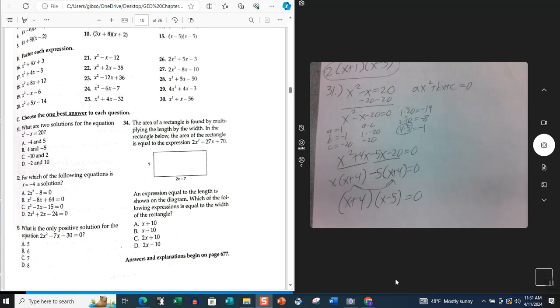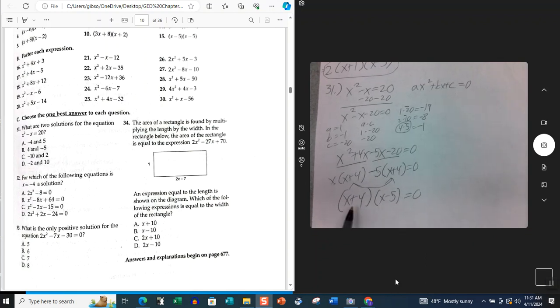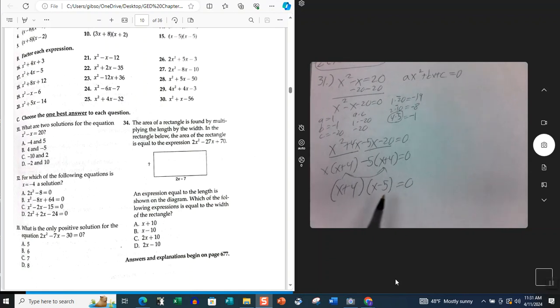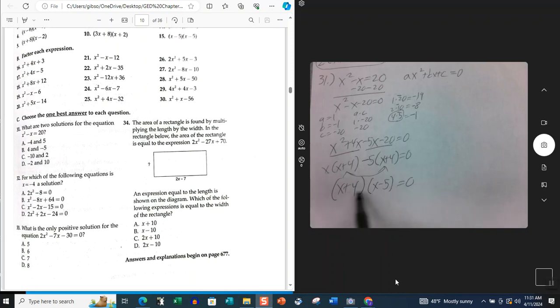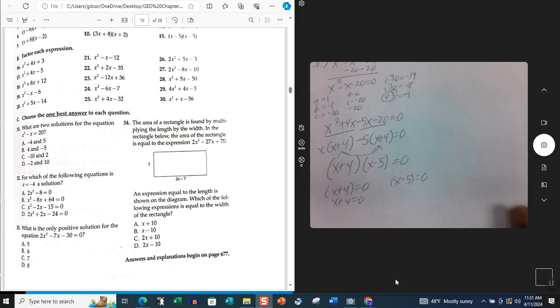And that equals 0. Now, if we were just doing the expressions like we were doing before, we would be done here. But because this is an equation and we're trying to solve, what we would do is set both parentheses equal to 0 and then solve it. So we have x plus 4 equals 0.